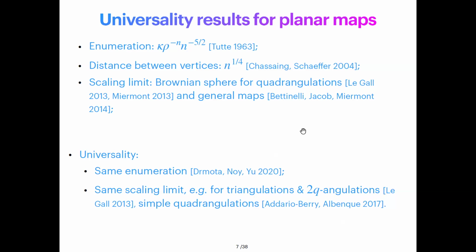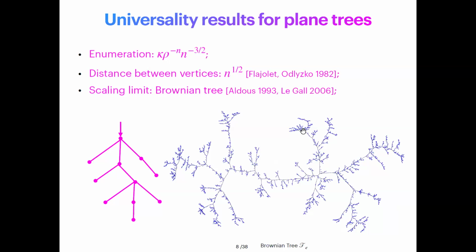On the other hand, we have another very well-known class with such universality results, which is plane trees. The enumeration this time has exponent n to the power of -3/2. The distance between two uniform vertices is square root of n, and the scaling limit is what we call the Brownian tree. And once again, there is a universality phenomenon.